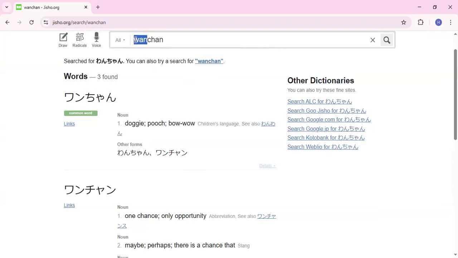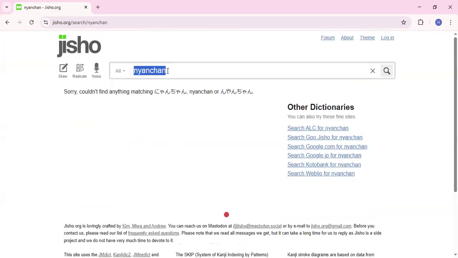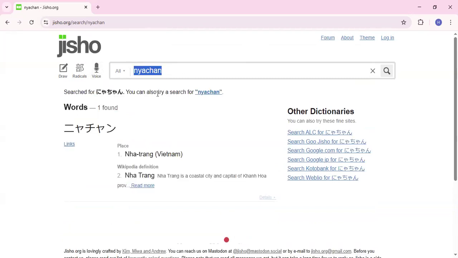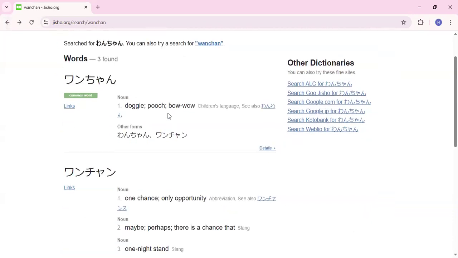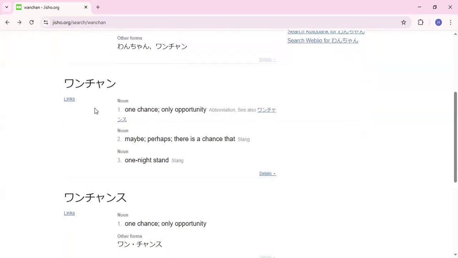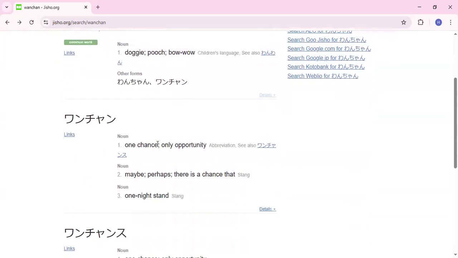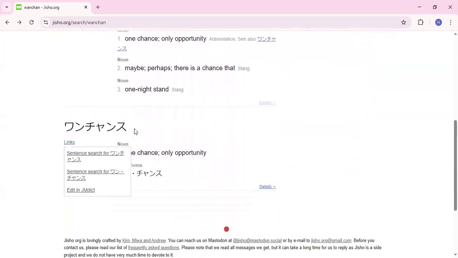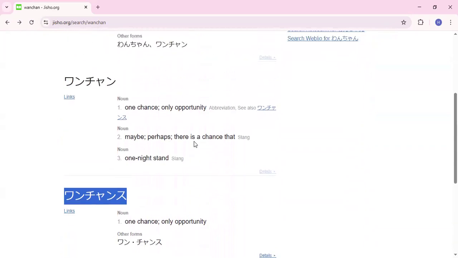Which is why cats, just going off on a tangent, are called nyanchan. I believe I'm definitely making a mistake. But yeah, wanchan, and then there's this other wanchan, which is just slang that comes from one chance.